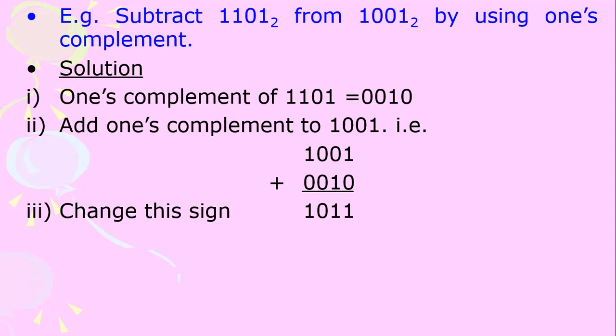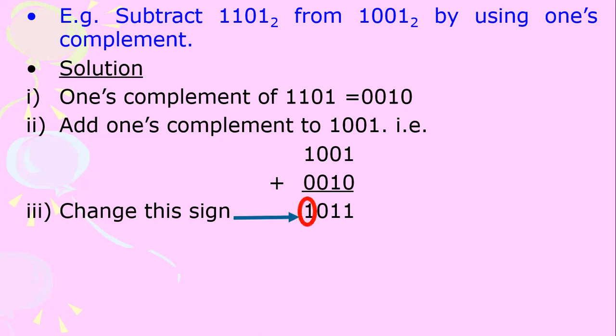Then 0 plus 0 is 0. 1 plus 0 is 1. So we get 1, 0, 1, 1. And therefore, what we now do in step 3 is we change the sign.